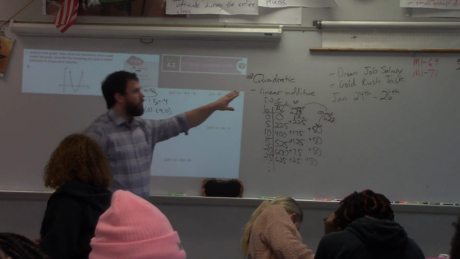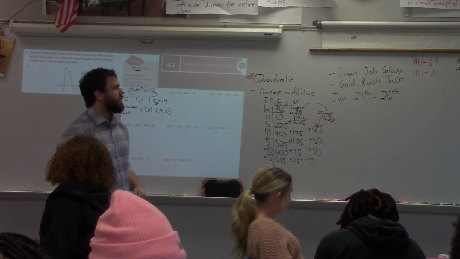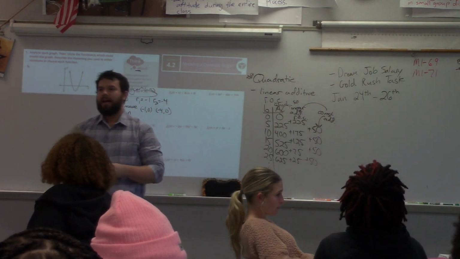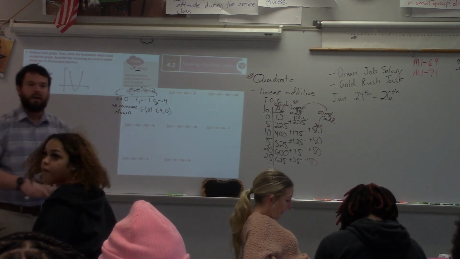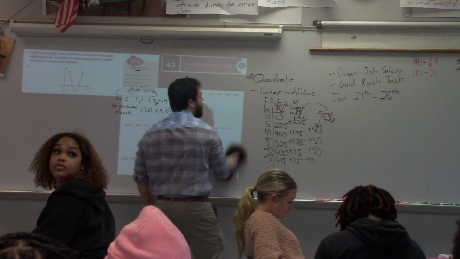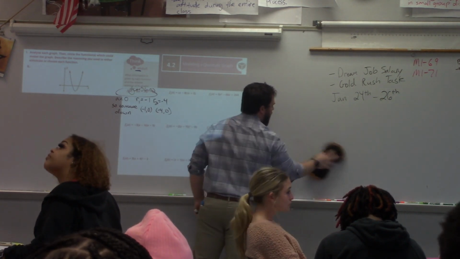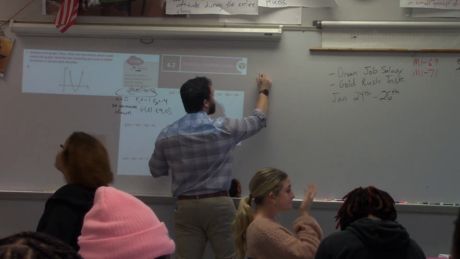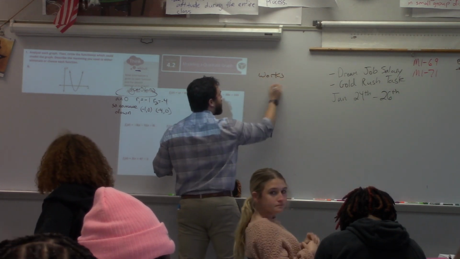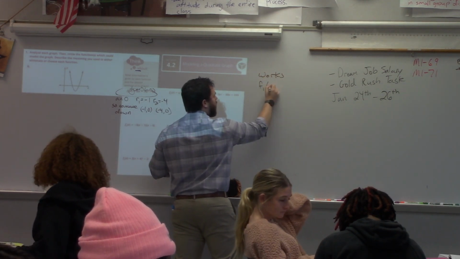I've identified who works on which vertical surfaces. I want you to write out the equations that could go with that graph. Now, to make your job easier, remember all I'm asking you to do is, if you think f1 of x works, then maybe just write "works" and f1 of x.